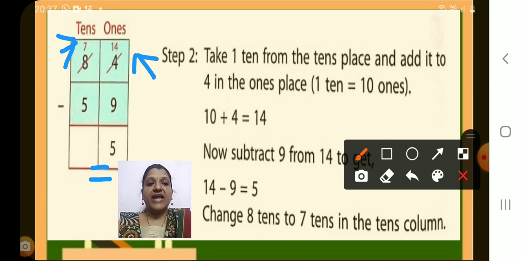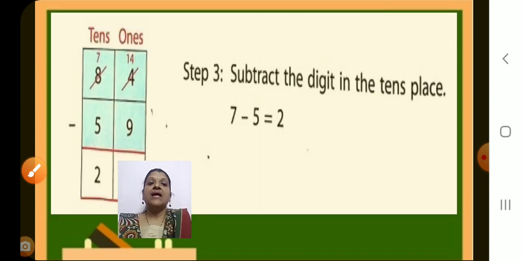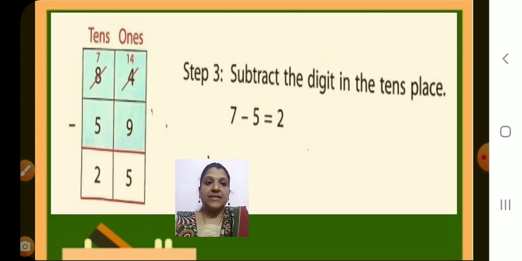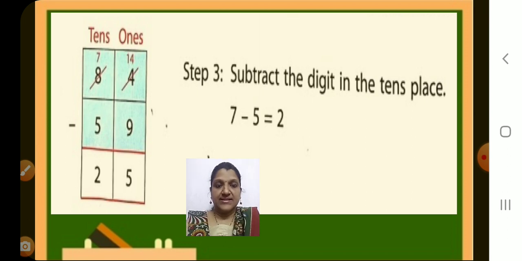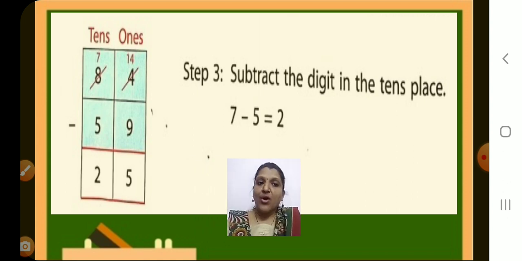So we have changed 8 to 7. Now the next step is step 3. Subtract the digits in the tens place. Now we have 7 minus 5, so the answer is 2. So the answer of 84 minus 59 is 25.